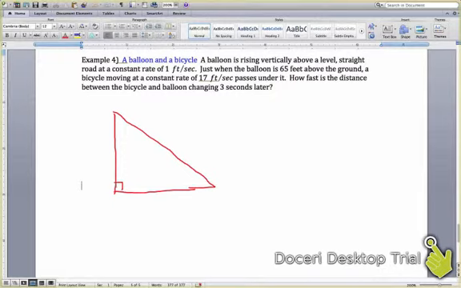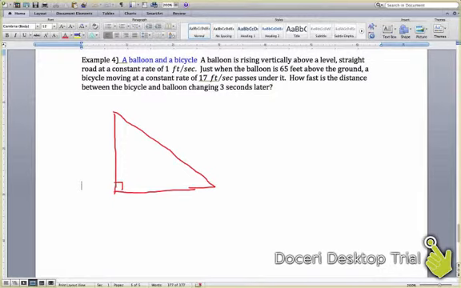And then they ask a question. They ask about 3 seconds later. Well, the balloon is traveling at 1 foot per second. When the balloon is 65 feet above the ground, that's when the bicycle is directly underneath of it. So we want 3 seconds later. So if it's 65 feet above, then 3 seconds later would be 68 feet.